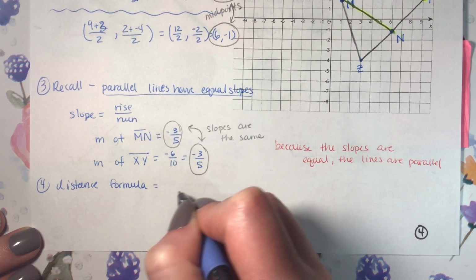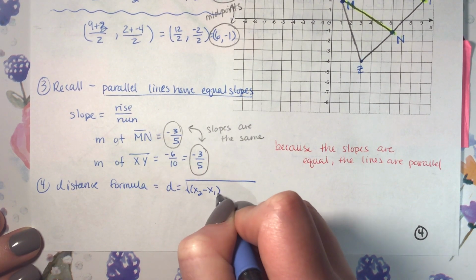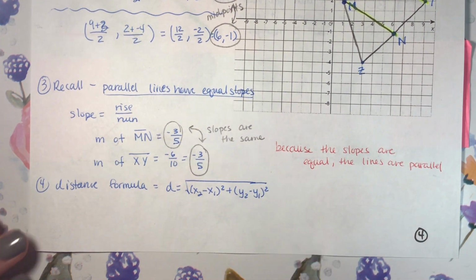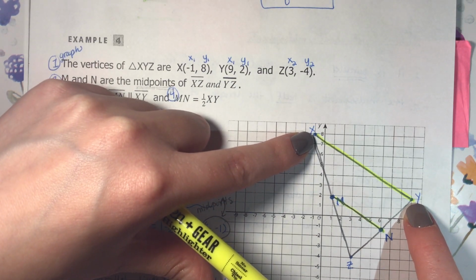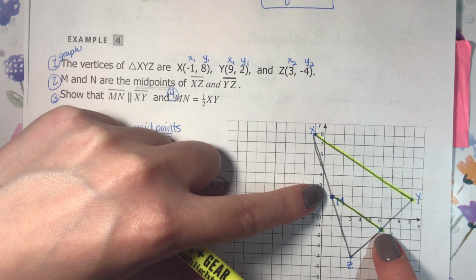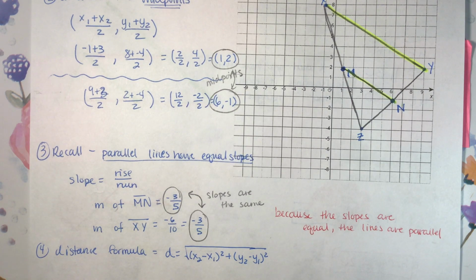So the distance formula is going to be D is equal to the square root of (x2 minus x1) squared plus (y2 minus y1) squared. So what we can do, we can figure out the distance between X and Y, and then we can figure out the distance between M and N. And if MN is half of XY, then we are done and we have shown what we want to show.